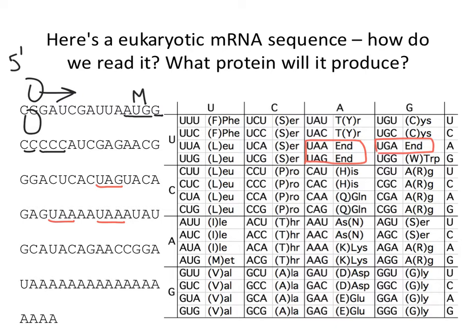So the best practice is just to underline groups of 3 successive nucleotides in the transcript. And then you see which of the stop codons is the first one that the ribosome encounters. In this case, it happens to be the first one that was identified. So that UAG is going to stop translation.